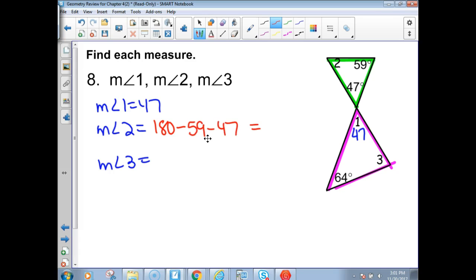Okay, if you do that, it should be 74. All right, and then down here, to find angle 3, angle 3 will be found by taking 180 and subtracting from that 47 and 64. That's 111, so it should be 69. Okay, we're done with that one.